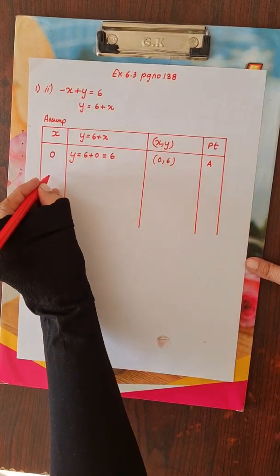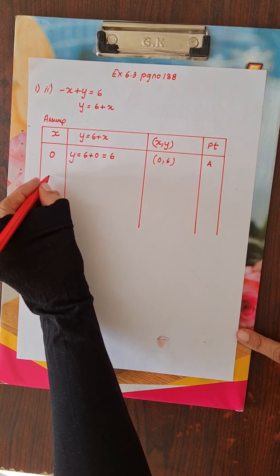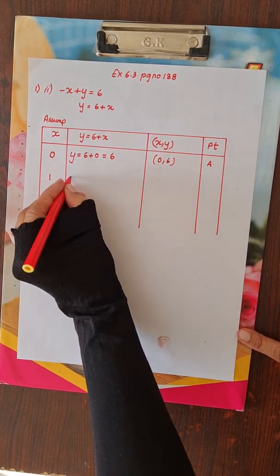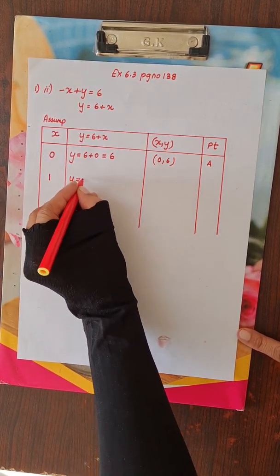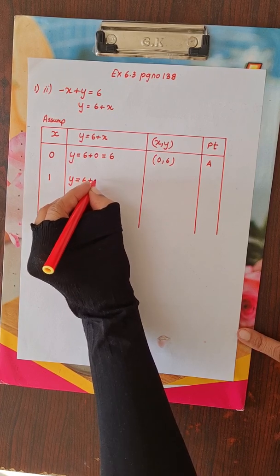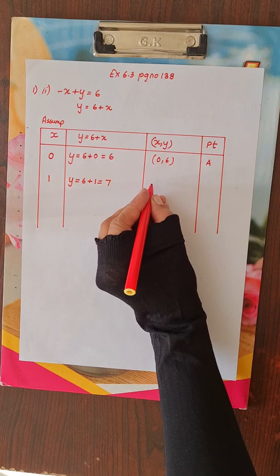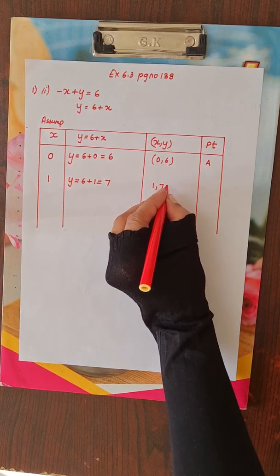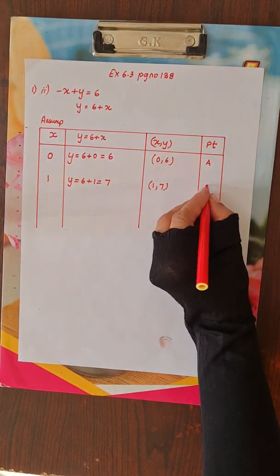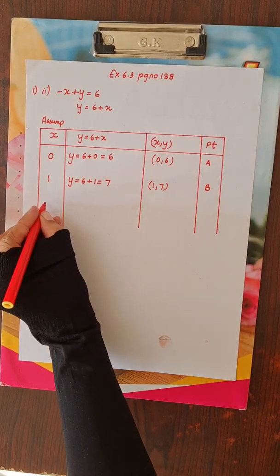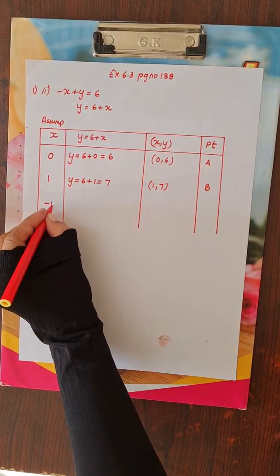Similarly, now let me assume the value of x as 1. So y is equal to 6 plus 1, that is equal to 7. So my point will be 1 comma 7. Let me name this point as point B. Then let me assume the value of x as minus 1.